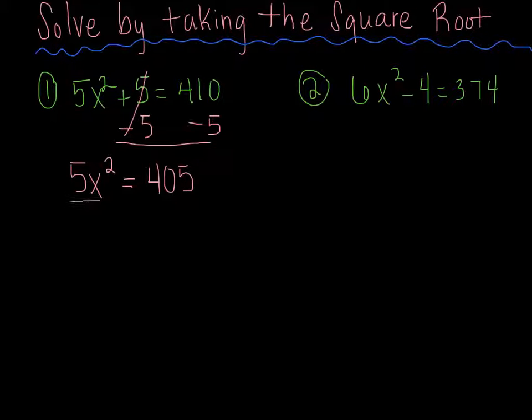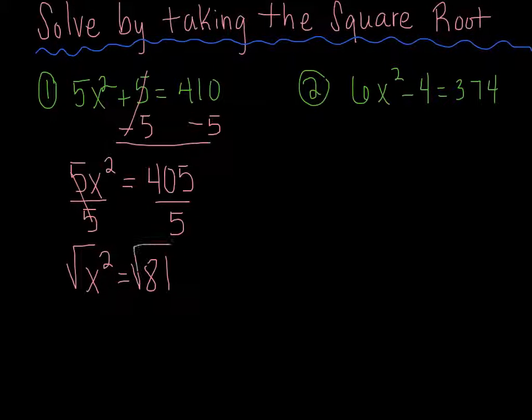Then we will divide by 5 on both sides, and then we'll get x squared equals 81. We're not done because we have not taken the square root. Square root, x equals plus and minus 9. 81 is a perfect square.